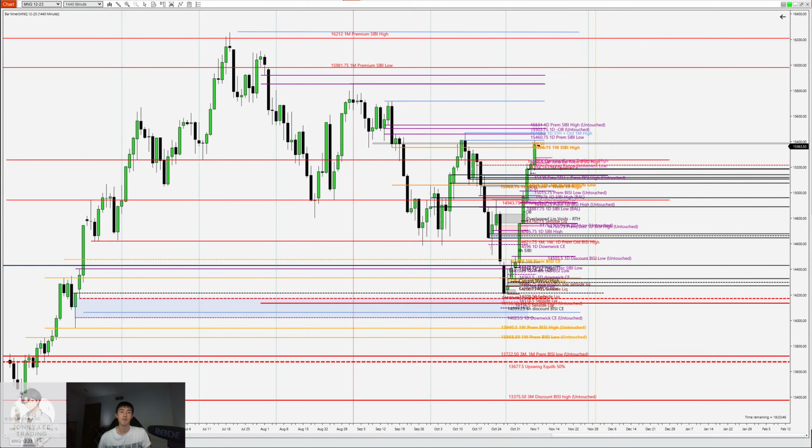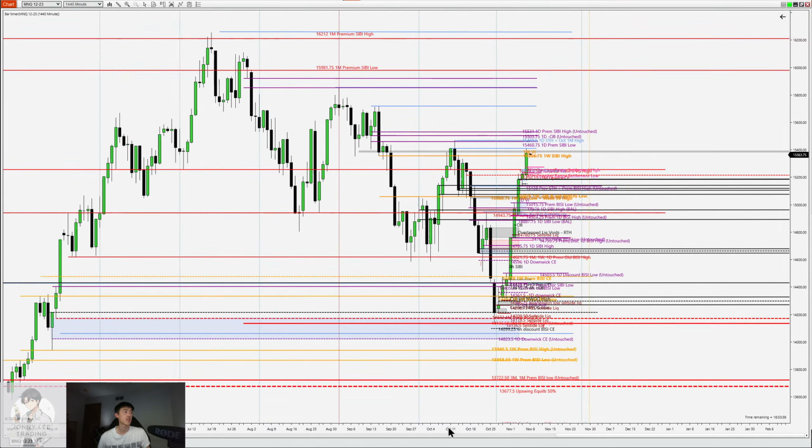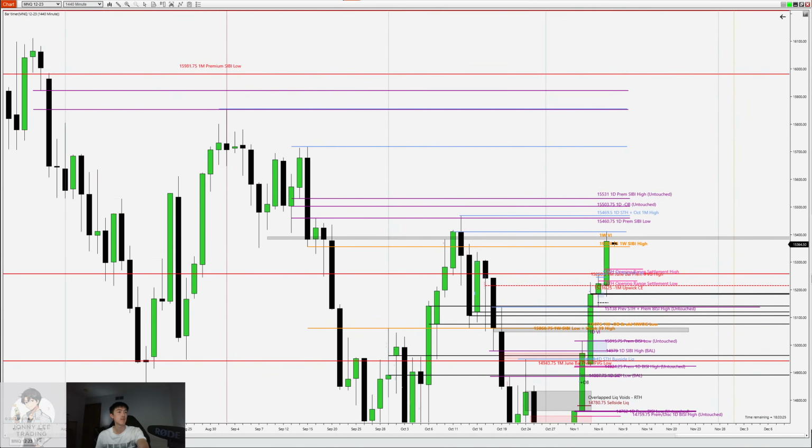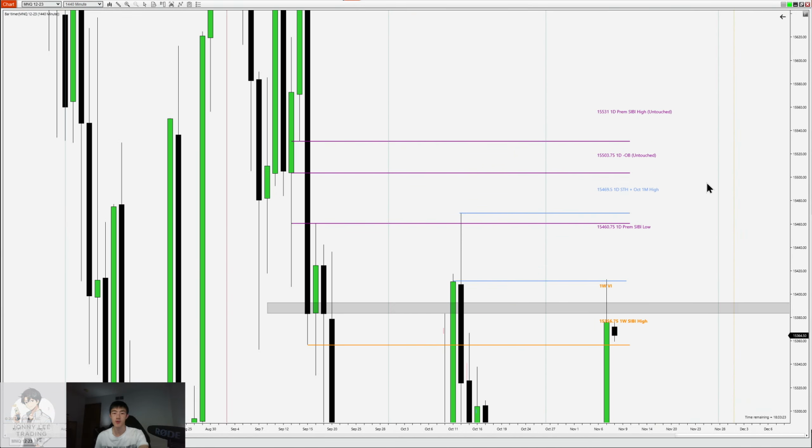So that's what I'm going to be looking for tomorrow, a target towards that 15469.5, and we'll see how we handle that. Let's take the midpoint of that wick, something I'll be watching as well. If I can draw this out a little bit cleaner for you.